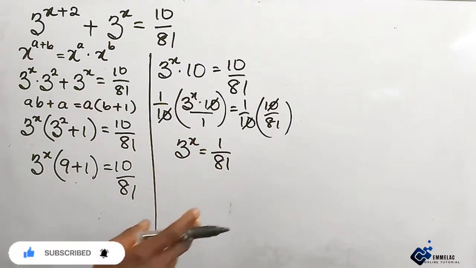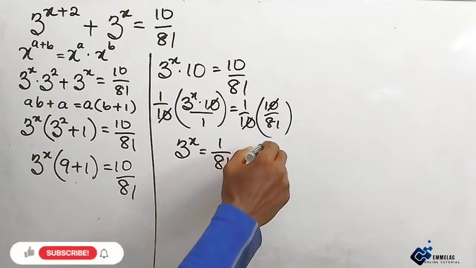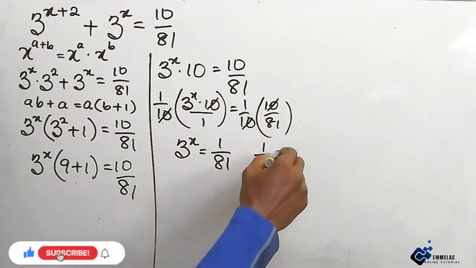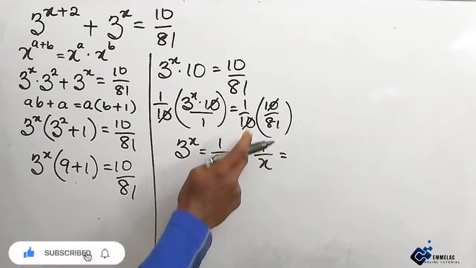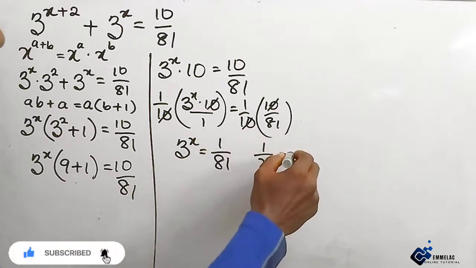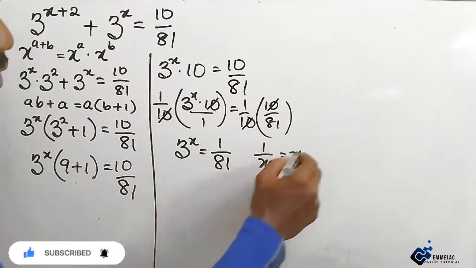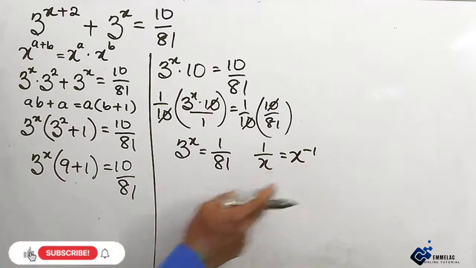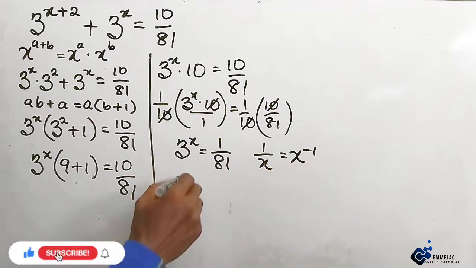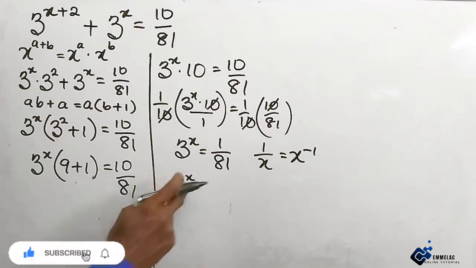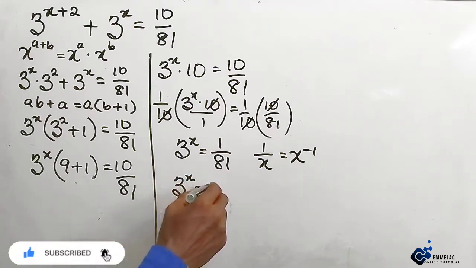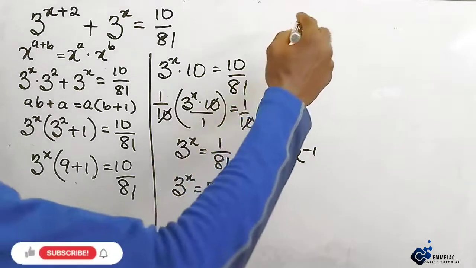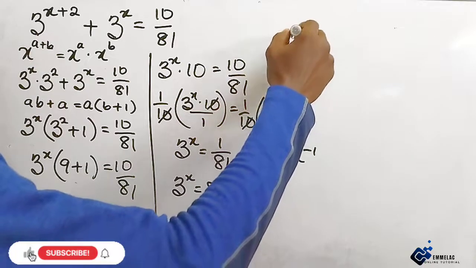Now we know that also in the law of indices, when we have 1 over x as a fraction, in the form of indices, x becomes x raised to the power of minus 1. If we apply this law, 3 raised to the power of x equals 81 raised to the power of minus 1.